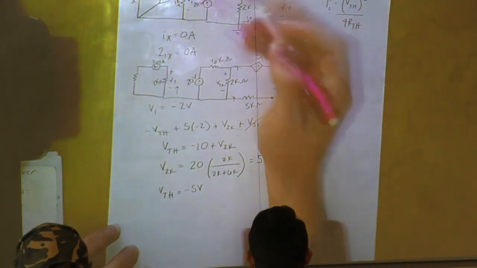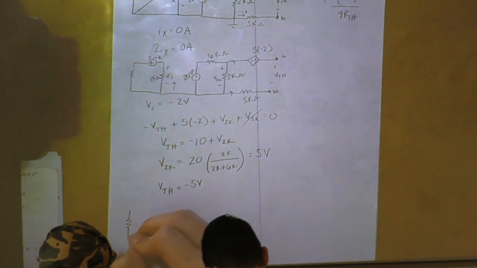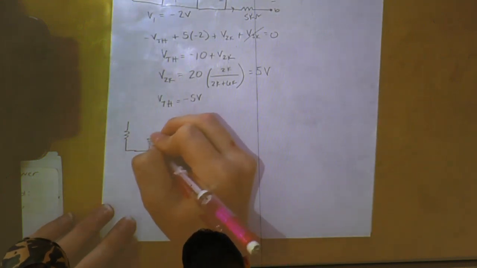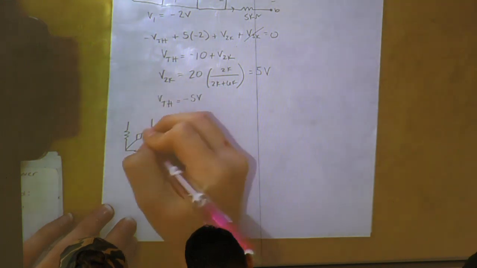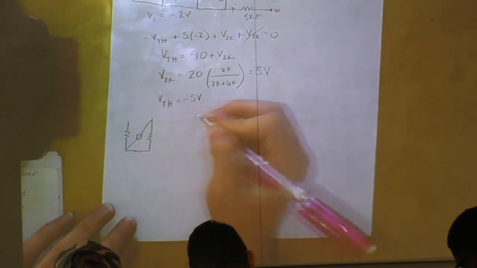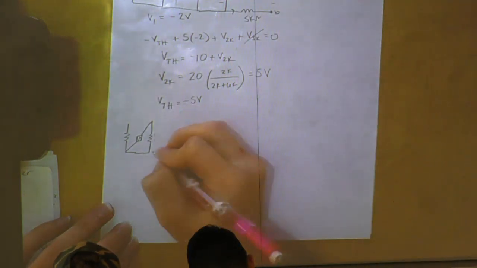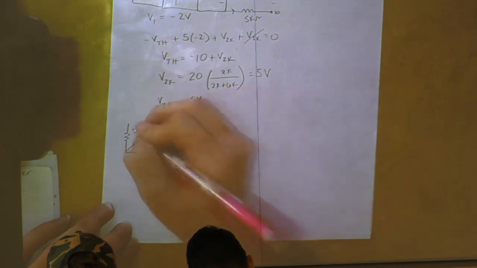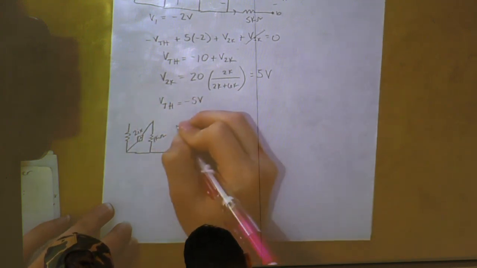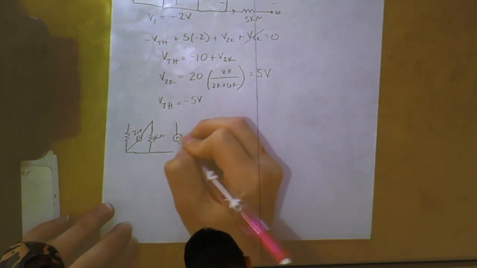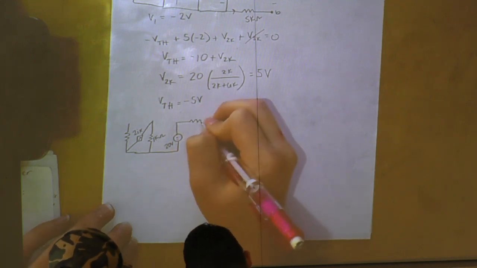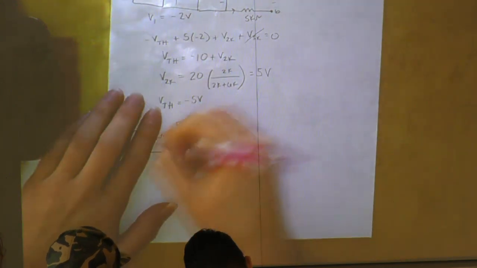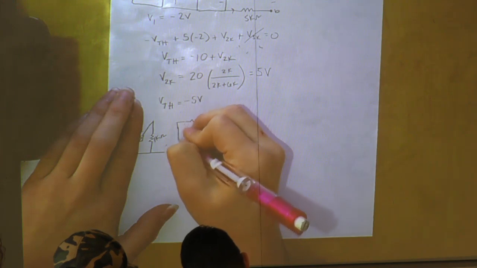This 2 milliamp gets shut off, so we'll have this 8K ohm. This will be shorted.